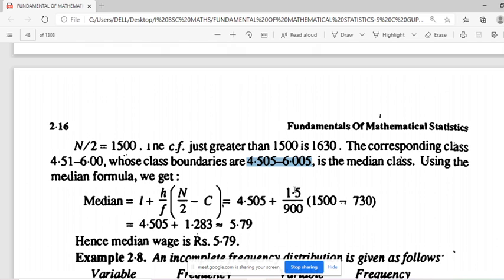H is the class interval, and the class difference is 1.5, so H is 1.5. F is the frequency of that class, 900, and n by 2 is 1500. C is the cumulative frequency of the class previous to the median class, that is 730. Substituting all this information, we obtain 5.79 as the median. That is the simplified format.